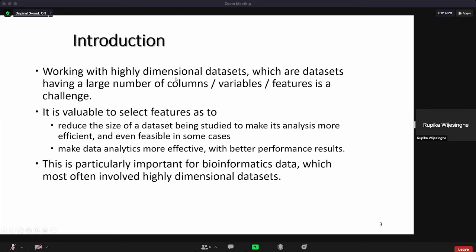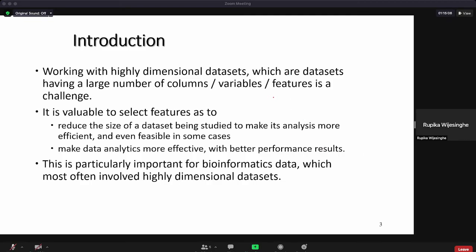So to start with, in studying gene expression data, we have to work with high dimensional data sets. High dimensional means, we know, so many rows but fewer columns, for example, if you take our genome expression data.